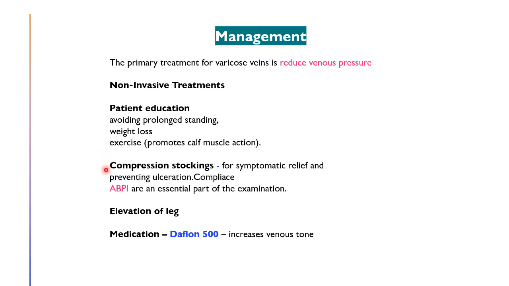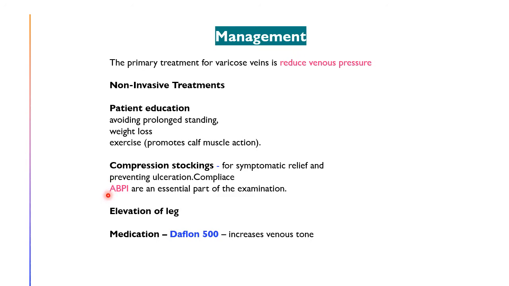The other method is compression stockings. Advise the patient wear graded pressure compression stockings, and this will improve the symptoms, and also prevent ulceration. The main drawback of these compression stockings is the compliance of the patient.